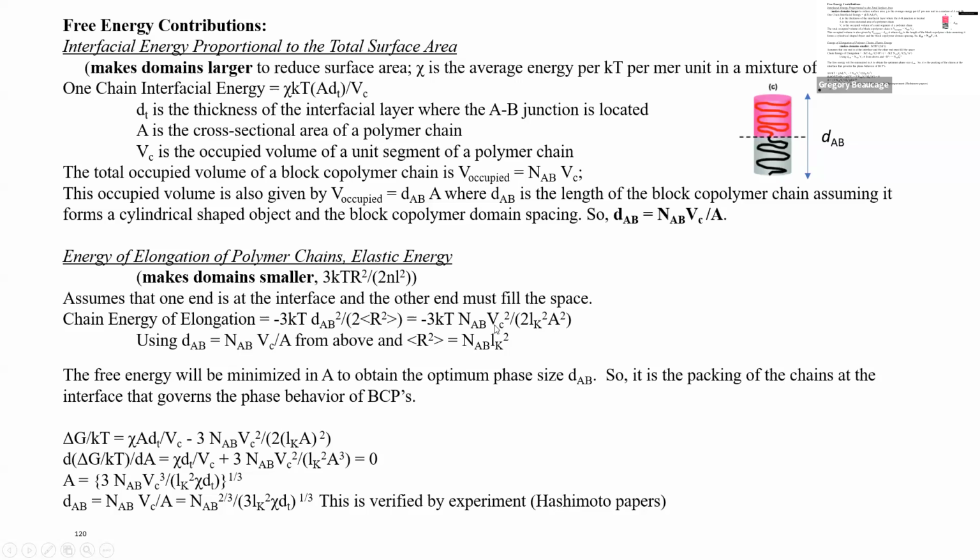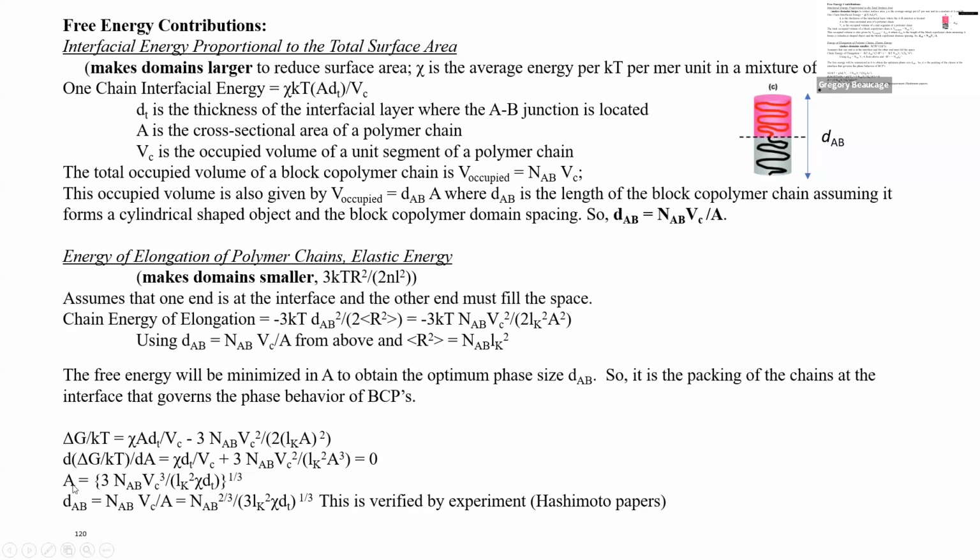You get that thing. Then you add those two together, so that's got the thing that's making them make the microdomains, then the thing that's making them not make the microdomains, which is the stretching. You have the free energy, so you want to find the minimum in that. So you find an equilibrium condition, take the derivative, set to 0, and then you can solve for the area. So this packing thing, the area, is what you solve for.